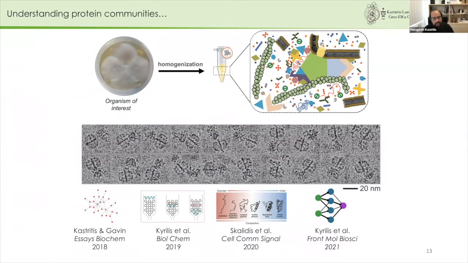So the first thing is to understand what we see in Cryo-EM and to try, with our experience, to describe them. So basically, as I told you, we have an organism of interest, we homogenize it, we take the cell extracts, and then with cryo-electron microscopy, we can start seeing this kind of higher order assemblies.